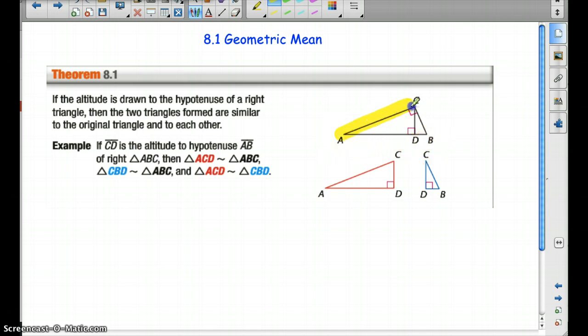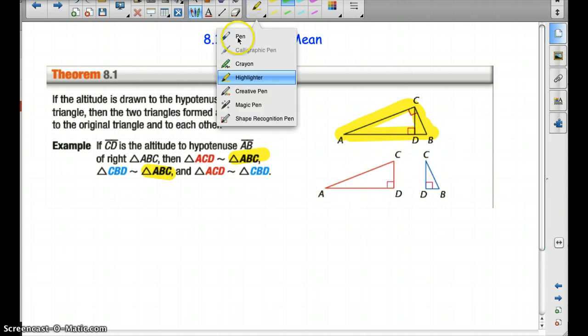So we have A, C, B, or ABC, is going to be similar. Here, I'll highlight that. ABC is going to be similar to these two. And remember, similar. What does similar mean? Do you guys remember?